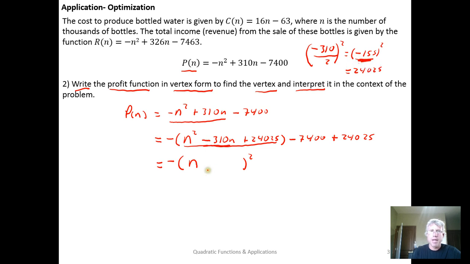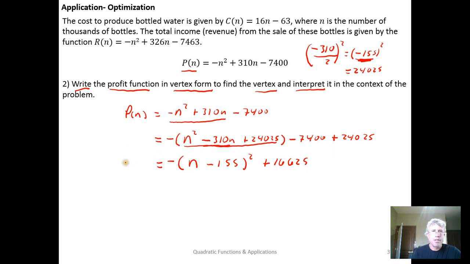I squared a minus 155 to complete the square. And then I need to combine the minus 7,400 plus 24,025, and if we add those together, we get 16,625. We just combine those using a calculator, for example.